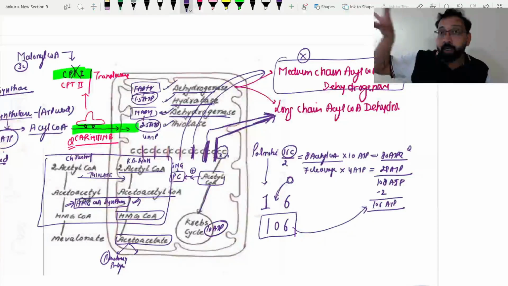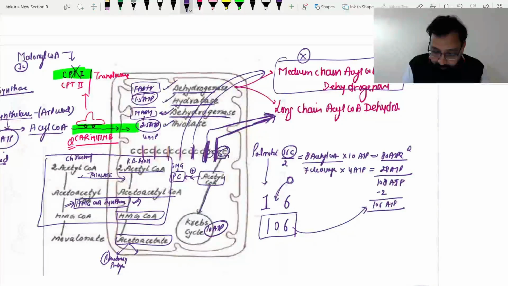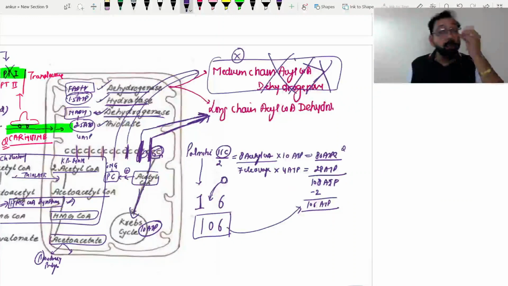The liver cell will take one palmitic acid, cut, Krebs cycle, cut, Krebs cycle. The energy requirement of the liver cell is not fulfilled. Previously, one palmitic acid was producing 8 acetyl coenzyme A, but if medium chain acyl coenzyme A dehydrogenase is deficient, one palmitic acid will produce only 2 acetyl coenzyme A. The energy requirement of the liver cell will not be fulfilled, so the liver cell will think of itself first.